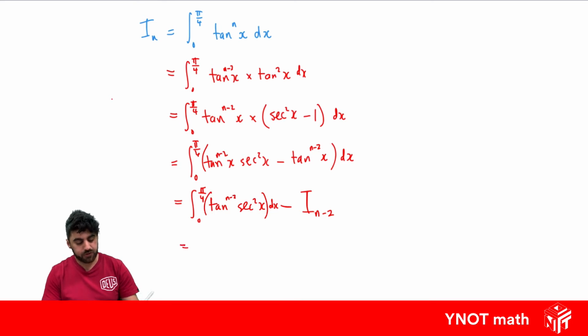Since we have this reverse chain rule situation, we just add 1 to the power. Adding 1 to n minus 2 gives us n minus 1, so we get tan to the n minus 1 of x, all over that new power, n minus 1, from 0 to pi on 4.